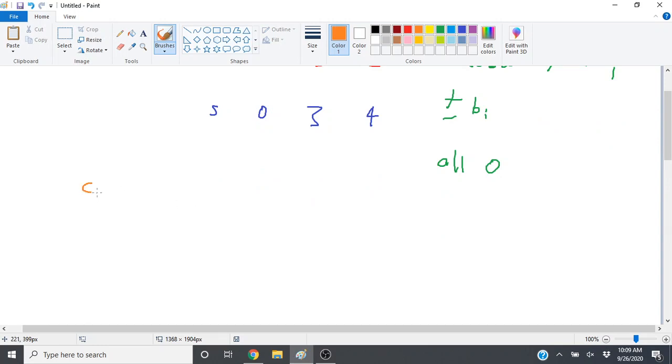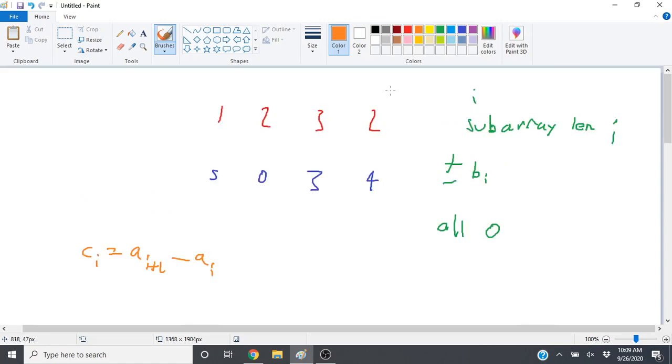So first, let c_i be the difference between A_{i+1} and A_i. If it's a circle, it just wraps around, so A_{m+1} is equal to A_1 in terms of terminology.